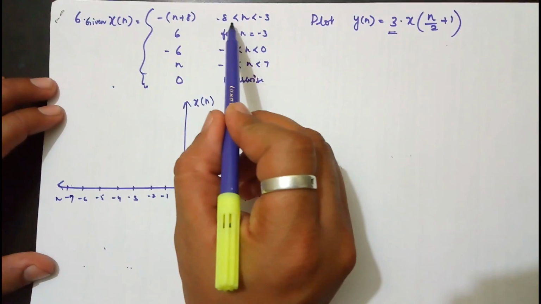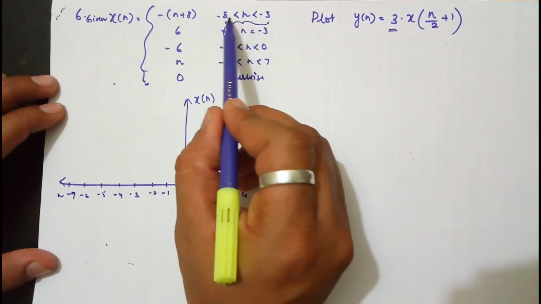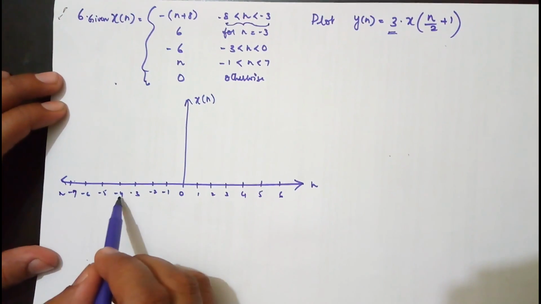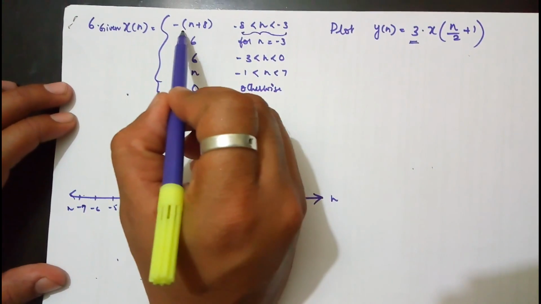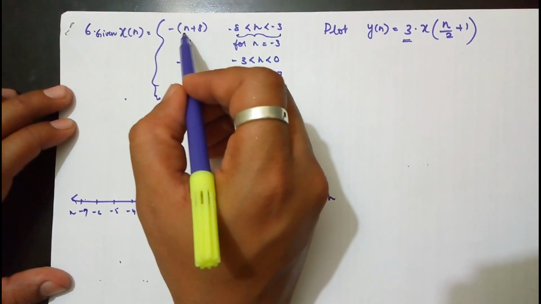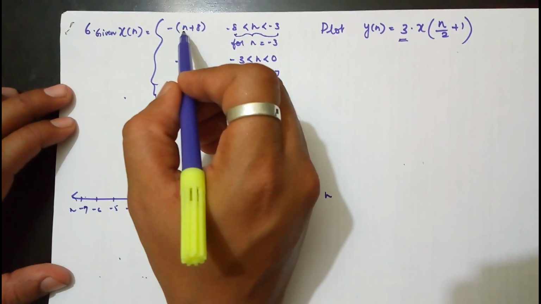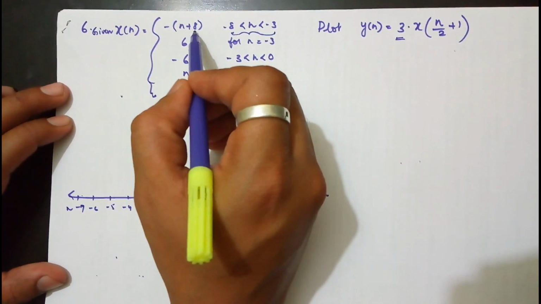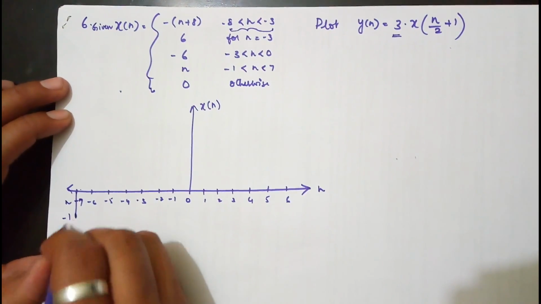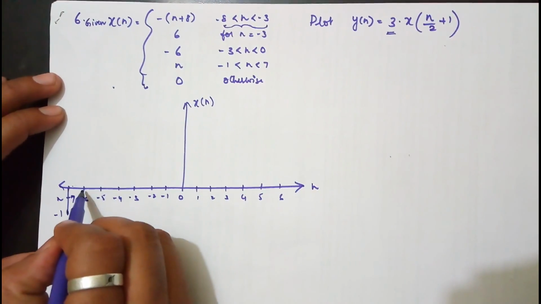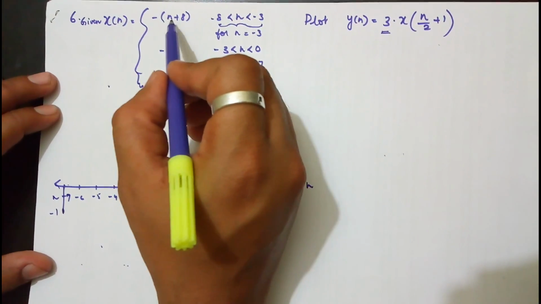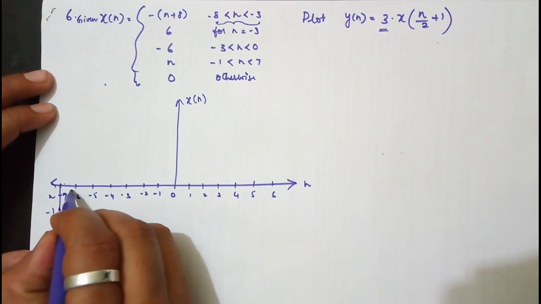Now for this interval of n, that is n greater than -8 and less than -3, between -7 and -4, the equation of x of n is minus of n plus 8. So at n equal to -7, you get -7 plus 8, that is 1, and you have a minus sign here, so at -7 I'll have an amplitude of -1. At -6, -6 plus 8 is 2, with the minus sign, so it will be -2.